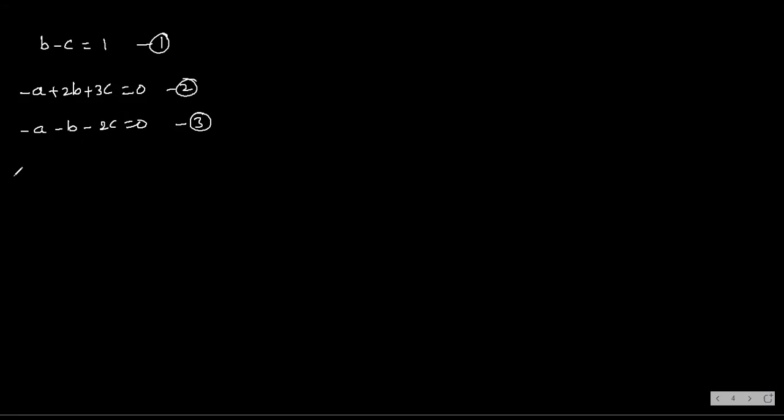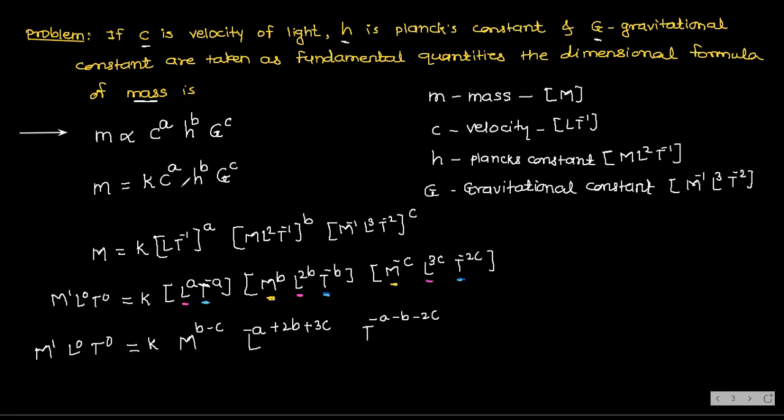A is equal to 1 by 2, B is equal to also 1 by 2, and C is equal to minus 1 by 2, after solving this.